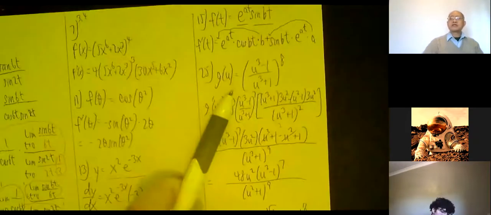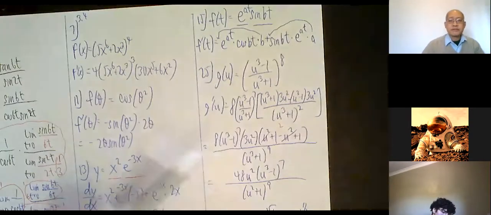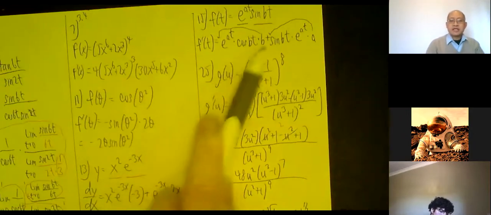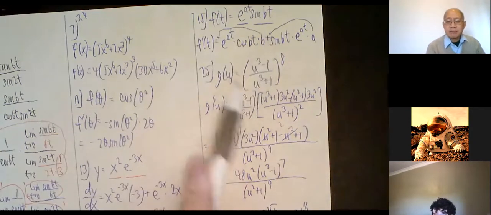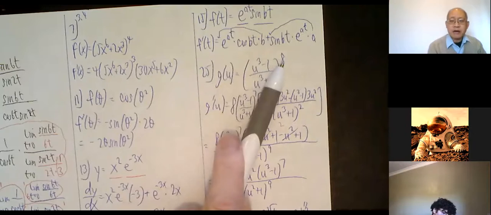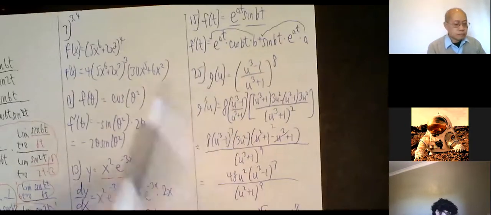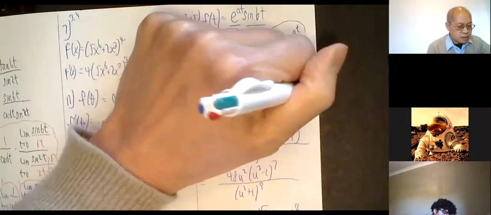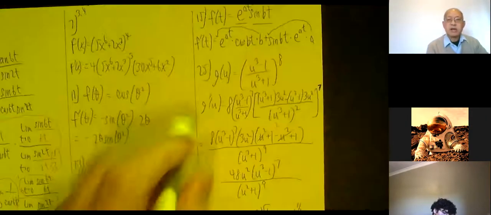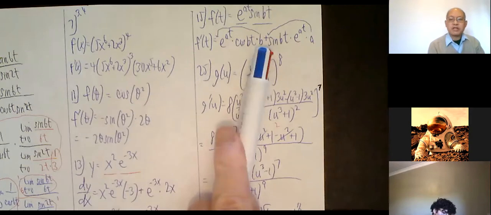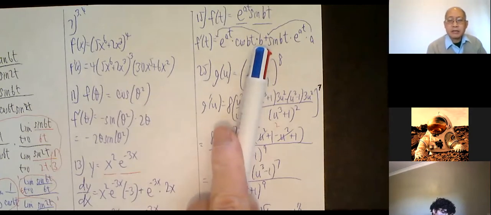Okay, 25 looks like it's going to be a pretty bad one. It's not just x to the 8th, it's a big mess to the 8th power. So the outside function is raising something to the 8th.